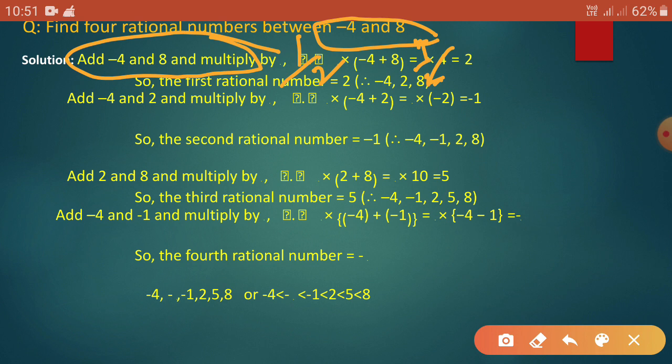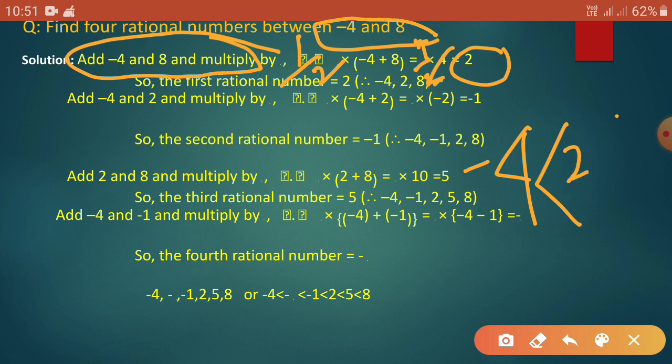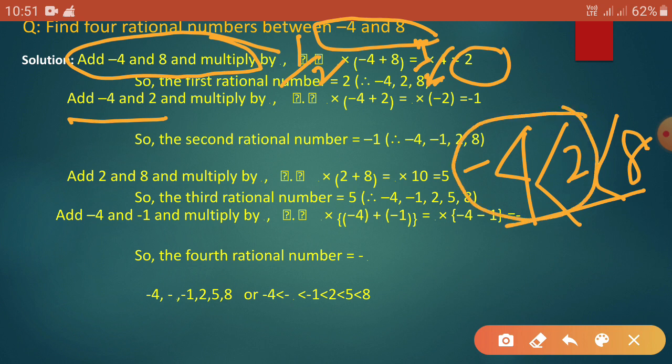So the first rational number will be 2, in between minus 4 and 8. Now again we are finding the rational numbers between minus 4 and 2. So what is the procedure? Again we add minus 4 and 2, and then multiply by 1 by 2.